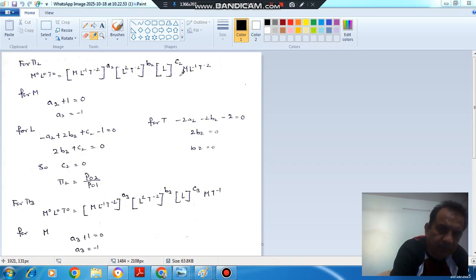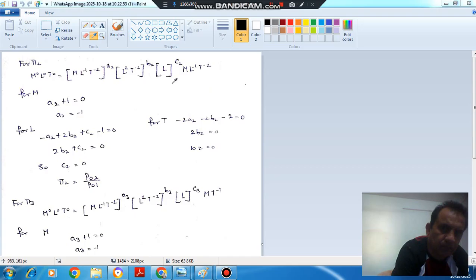In the second pi term, this was pressure, and the others are the same. Balancing again for M, we have A2 here and 1 here, so A2 will be minus 1. In the same way for L, it will be minus A2 plus 2B2 plus C2 minus 1, and for T, minus 2A2 minus 2B2 minus 2.